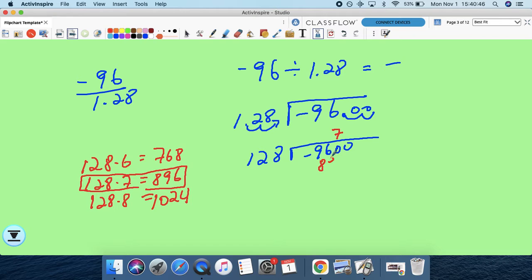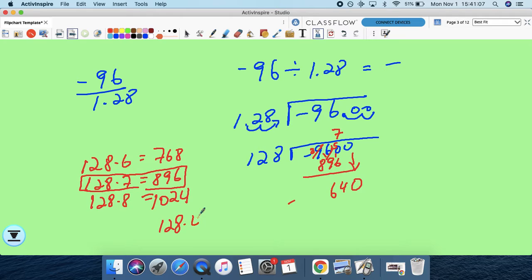So we put a 7 right here over 960. That's 896. So let's subtract. 0 becomes 10, which is going to be 15. And then 10 minus 6 is 4. 15 minus 9 is 6. And 8 minus 8 is 0. Next step, bring the 0 down. How many times does 128 go into 640?